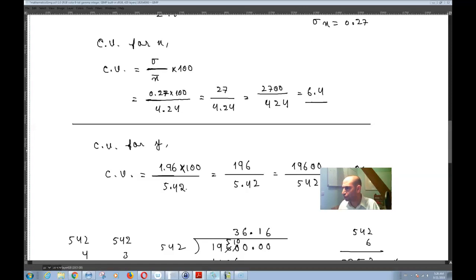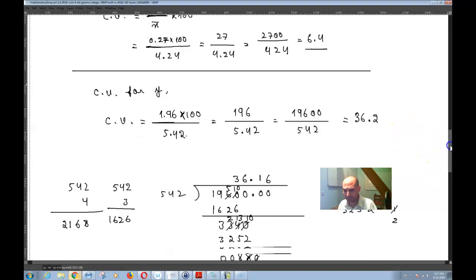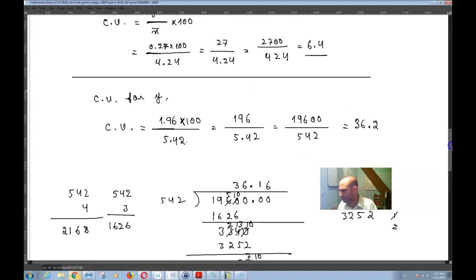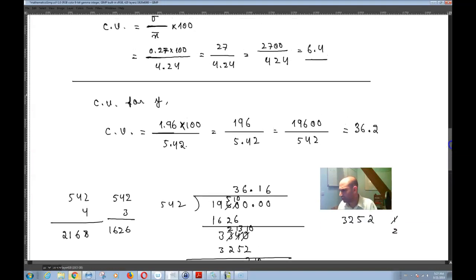The weight was more varying, and let me take a look at the values that they have gotten here. 1.37, 26.24. The values don't seem to be probably right.